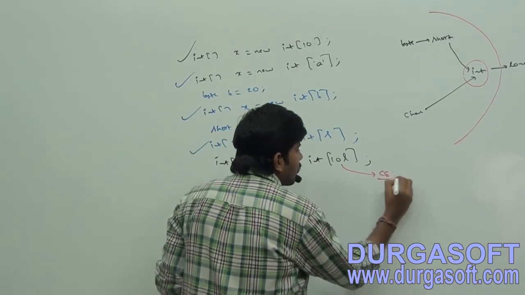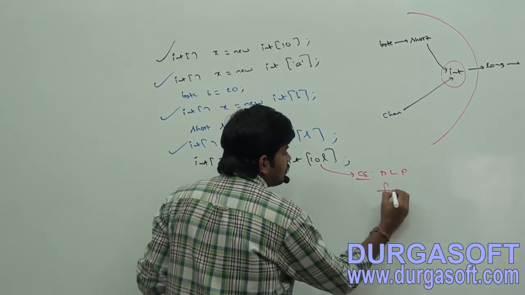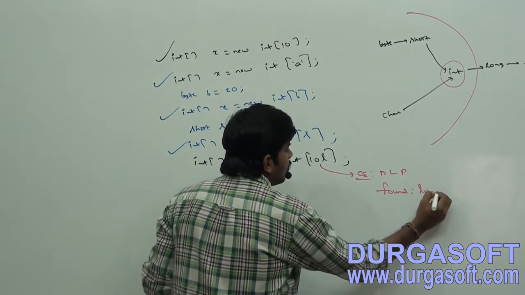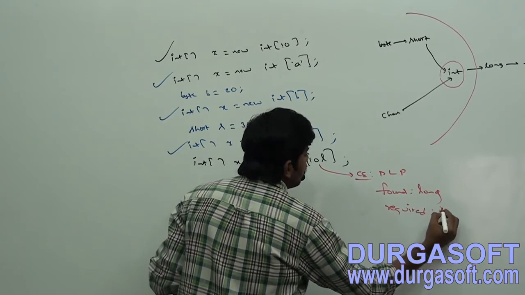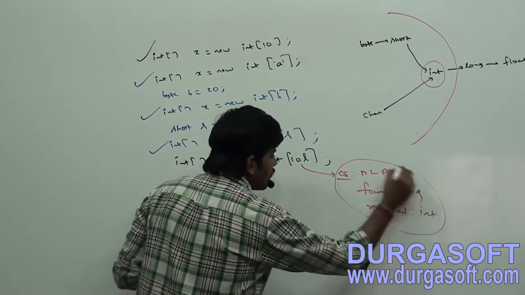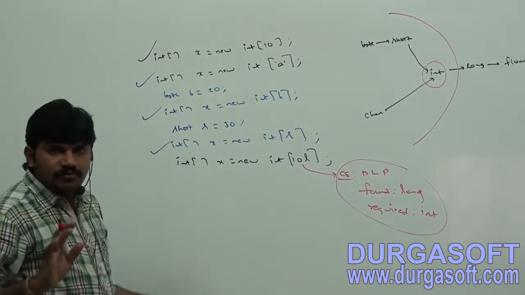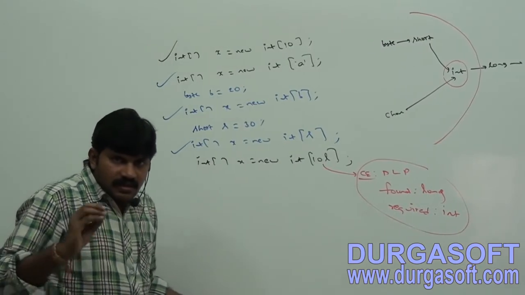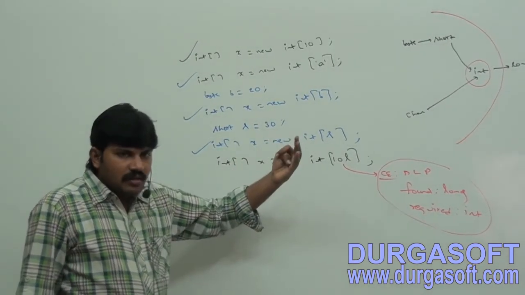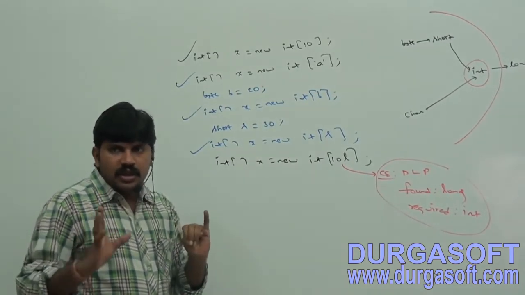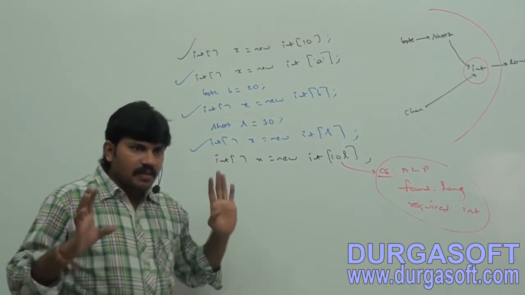Immediately compile time error: possible loss of precision. Found long, required is int, like that we are going to get. Are you getting? To specify array size, the allowed data types in Java are byte, short, char, int. By mistake, if you provide any other, we will get a compile time error.